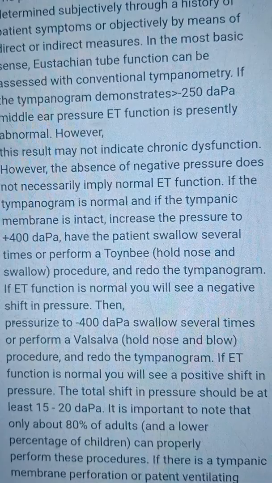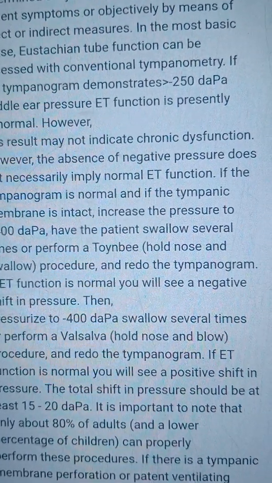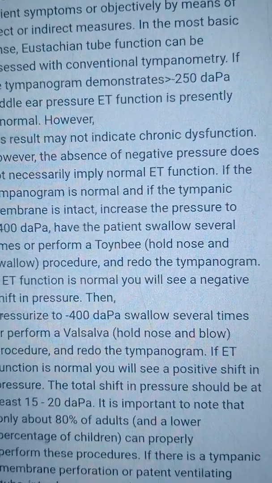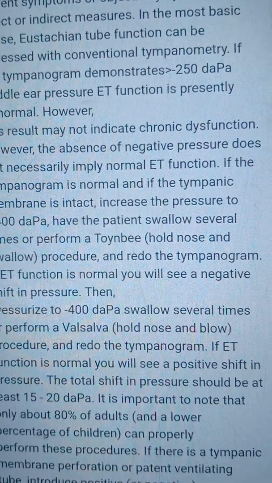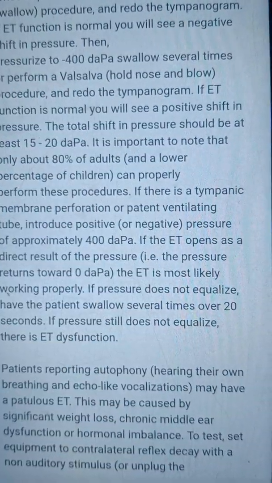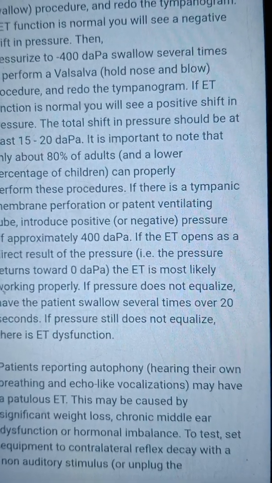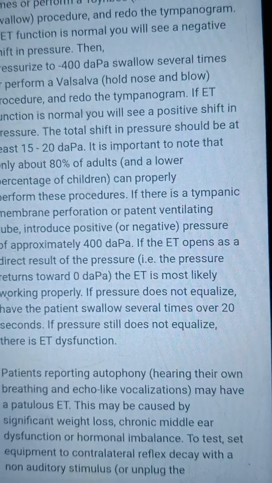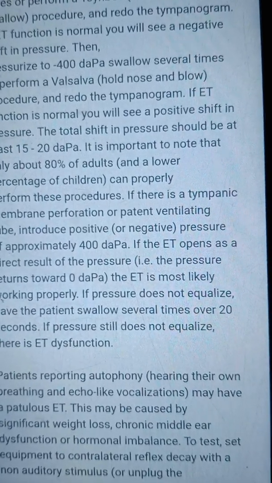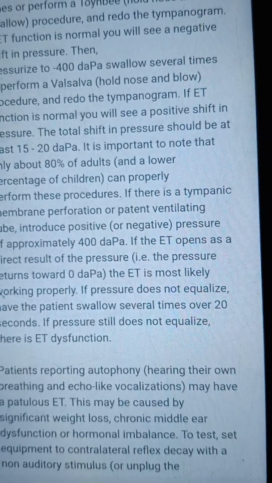Then raise the pressure to minus 400 decapascals, swallow several times, or perform a Valsalva, and then redo the tympanogram. If the eustachian function is normal, you will see a positive shift in pressure. The total shift in pressure should be at least 15 to 20 decapascals.